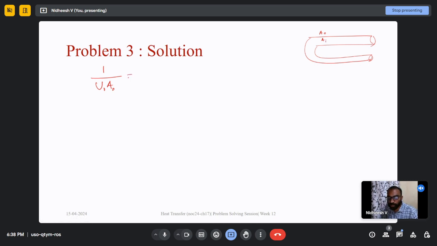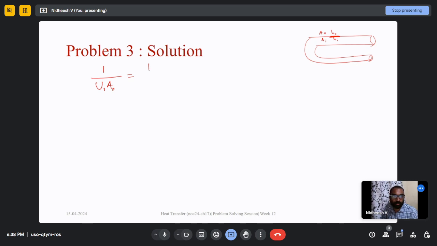So it can be written as, now what all are there? There is a heat transfer coefficient associated with the inner surface, there is a heat transfer coefficient associated with the outer surface, and there is a resistance also associated with the tube walls, right? So we need to include these three quantities when we are calculating the overall heat transfer coefficient.